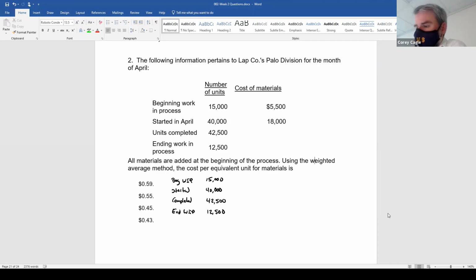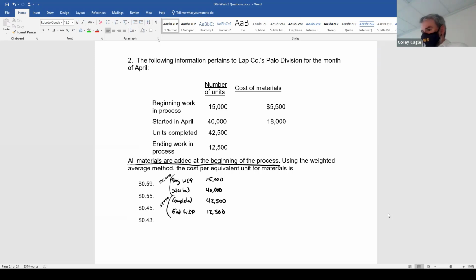Easy to do because 55,000 of them here, 55,000 of them, they didn't go anywhere. Still there. But they gave us that. So notice this is really, really common, more often than not. All materials are added at the beginning of process, which means if you've got a unit going, 100% done on materials.